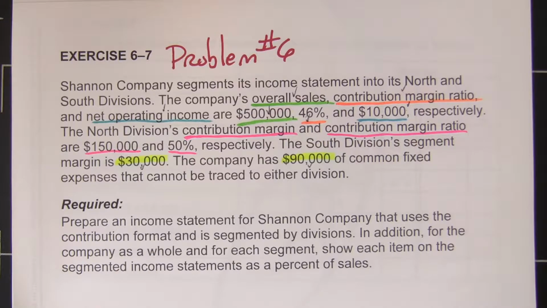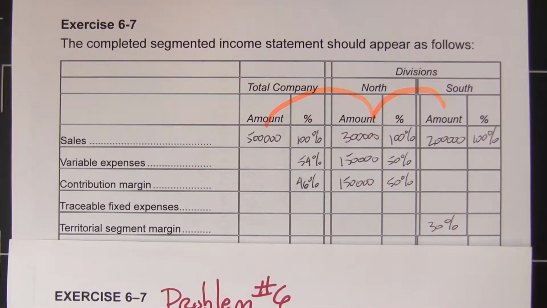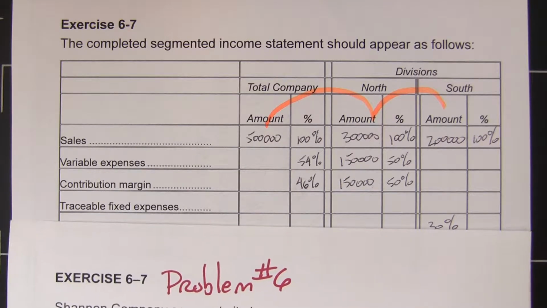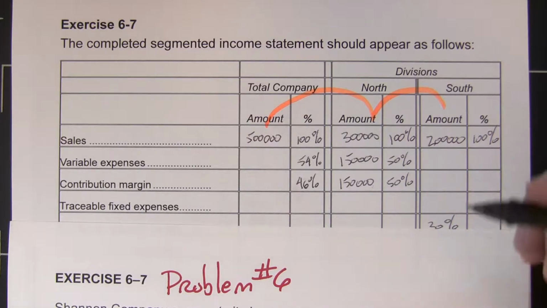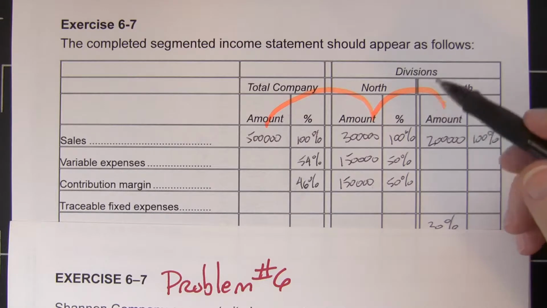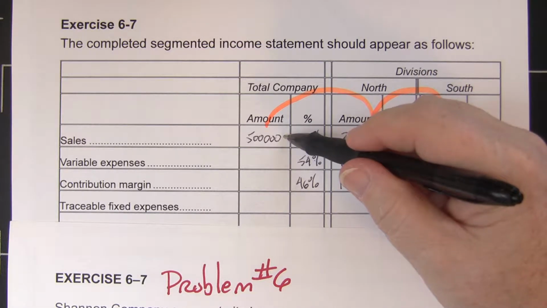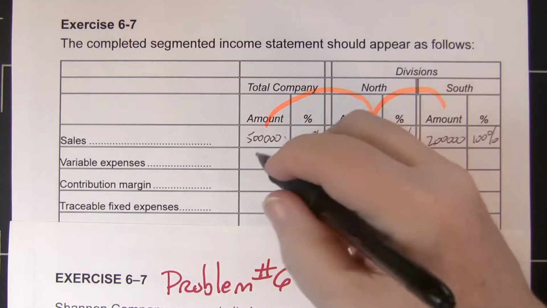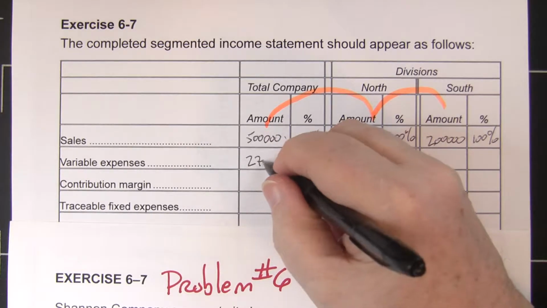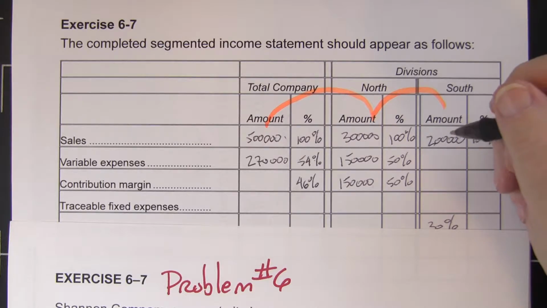Now let's go through and fill in all the pieces, because you have all the pieces, you just don't know that you have them. We have to figure out the company-wide variable expenses. Well, it's 54% of 500,000. That's 270,000. That's the variable expenses company-wide.